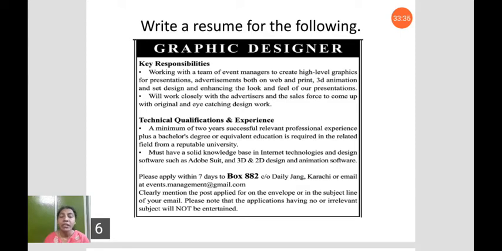Earlier we have written the resume for senior program, that was a model resume. Now in the same lines with minor changes, we can write another resume for the same person or any other person.